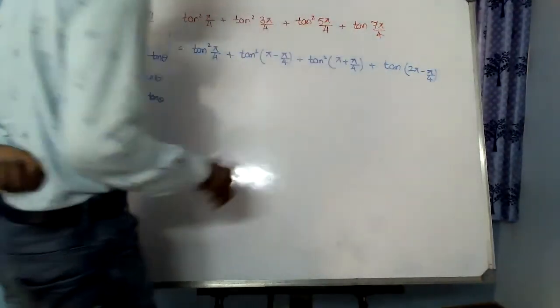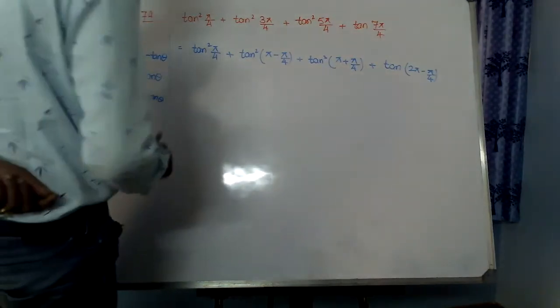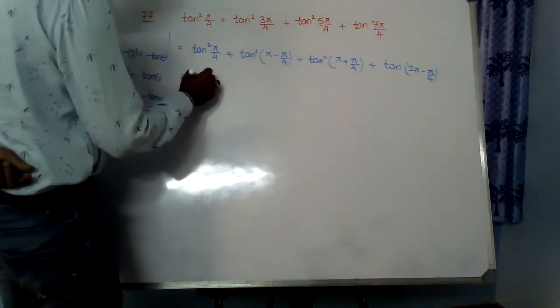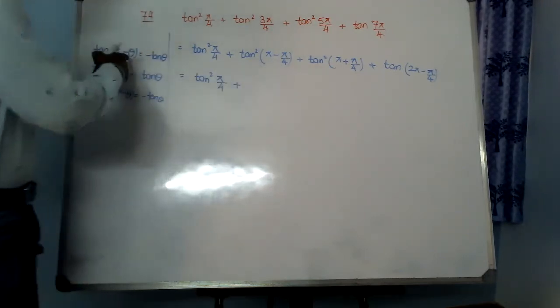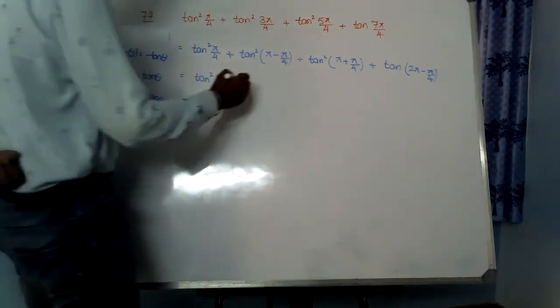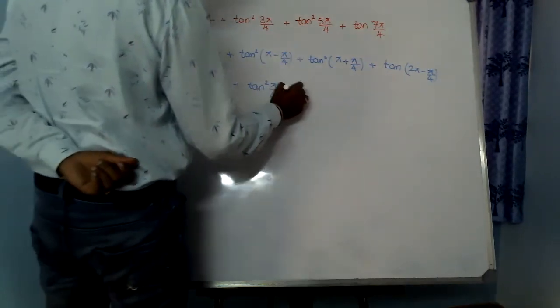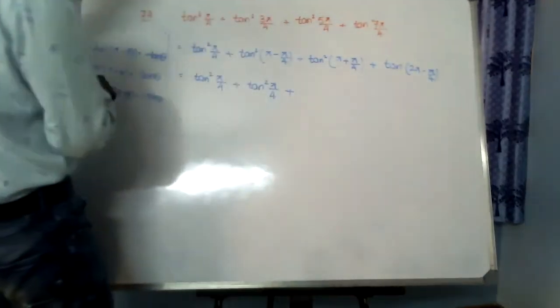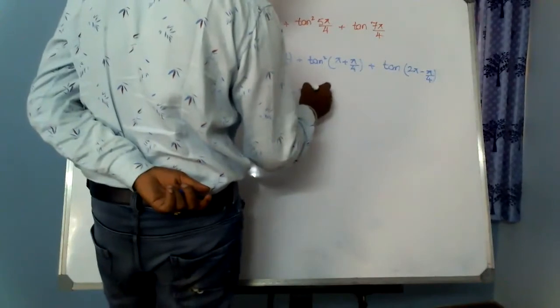I think that's right, because square and all will not make any difference, because tan pi by 4 is 1, right? Anyway, I'll substitute the value later. Tan square pi by 4. Tan pi minus theta is minus tan theta, but since it's a square, like the last question, I can directly write it as tan square pi by 4. Plus tan pi plus theta is tan theta itself, so it will be tan square pi by 4.